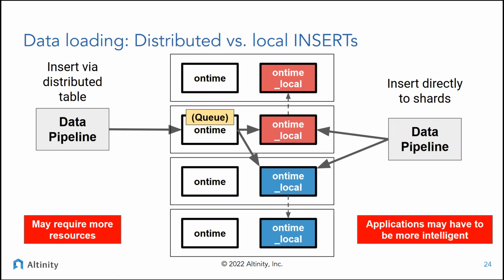This means that your application needs to have some knowledge about how shards are arranged. On the other hand, distributing through the distributed table means you don't have to. Your application doesn't really have to know where the underlying tables are. So the trade-offs are that in going through the distributed table, you may require more resources. Going locally, your applications have to be a little bit brainier about where the data is located.